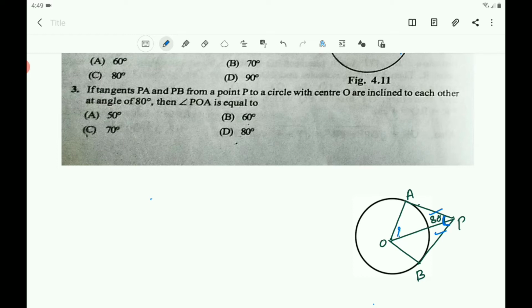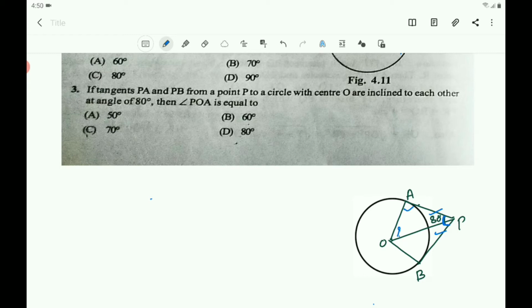And the other thing is that angle A is equal to 90 degree, because that is the angle between the tangent and the radius at the point of contact A. Therefore, angle A must be equal to 90 degree. By taking the sum of the angles of the triangle AOP, you can get the angle POA.